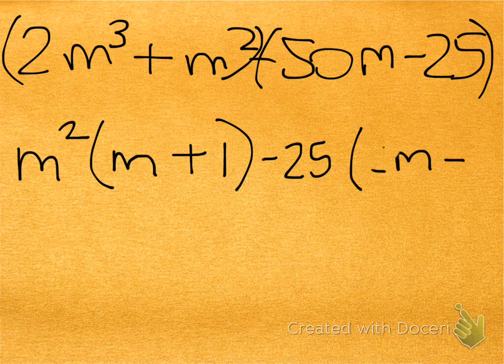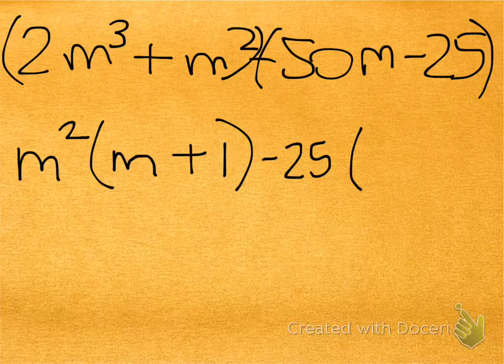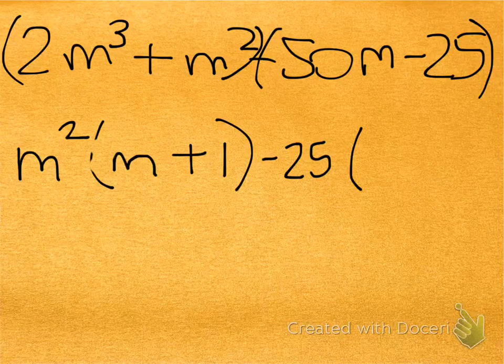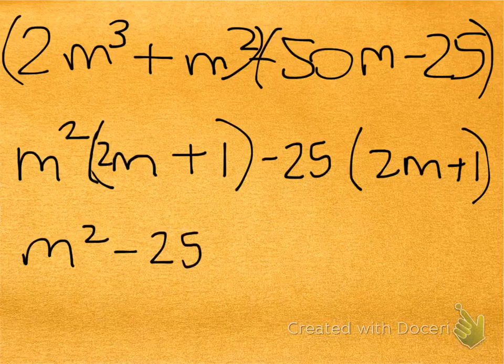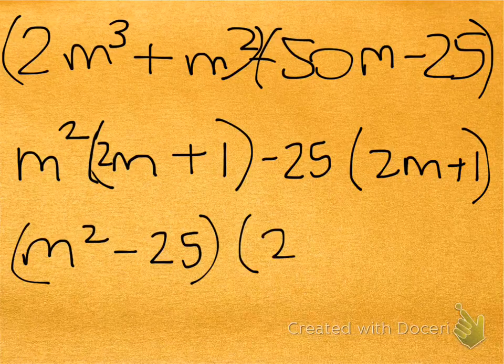Forgot this first one has a 2 with it. And then we have 2m plus 1 as well. So then we put the first part together of each and the second set of parentheses, which is repeated.